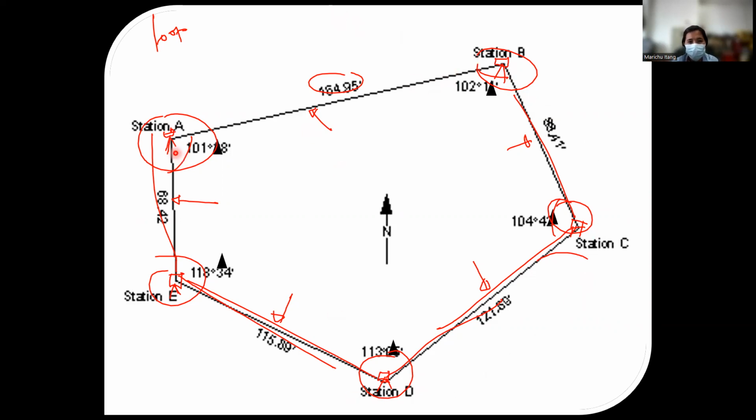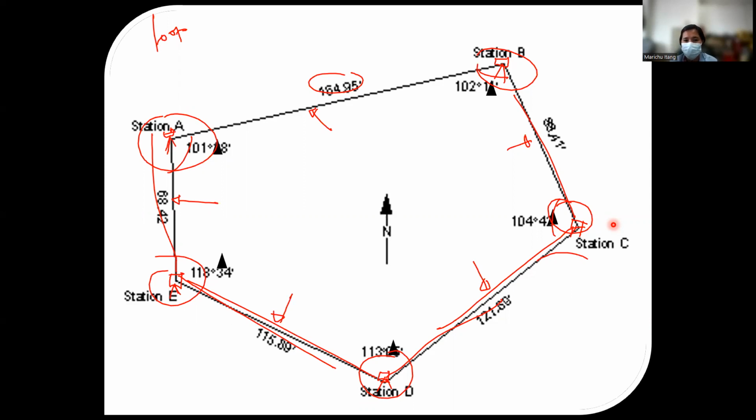So you can check. When you close it and it does not close, it does not become 0, 0, or your closure has a large error, then there is something wrong with your data or your observation. Then one thing is you need to reconduct the survey, or you need to check the error to see if it can be adjusted, or it can no longer be adjusted because the error is too large.